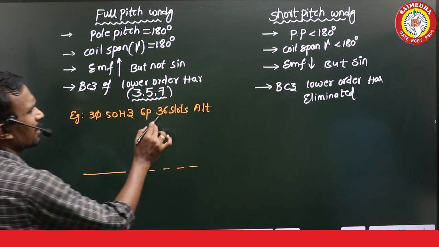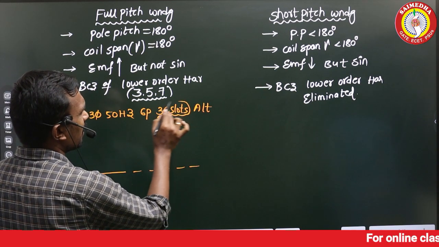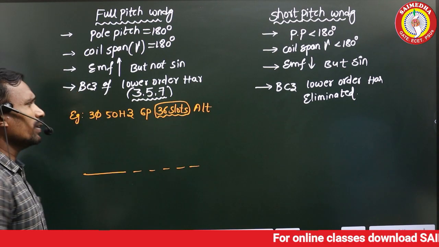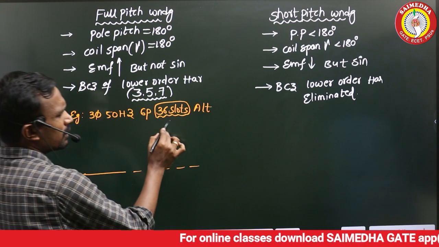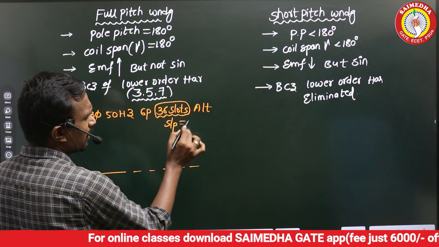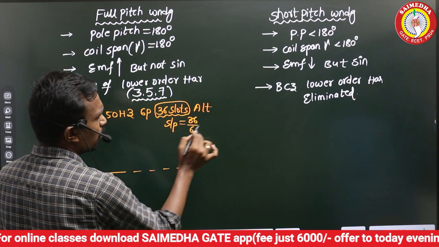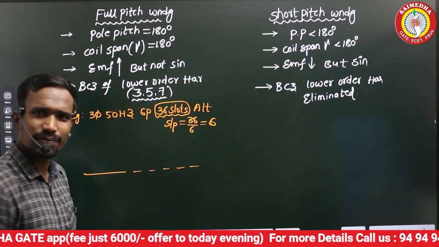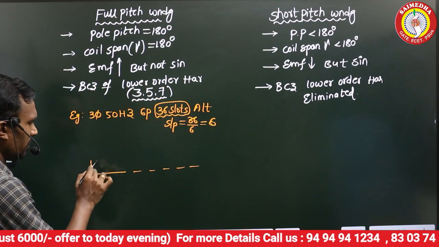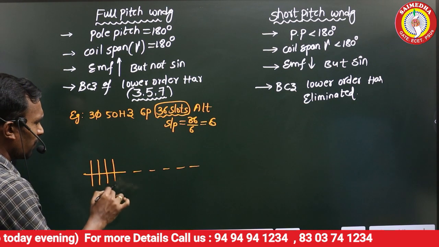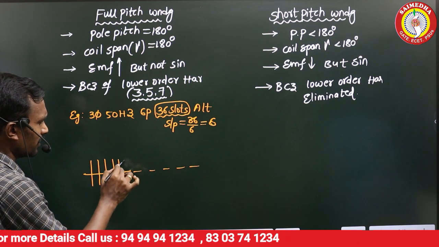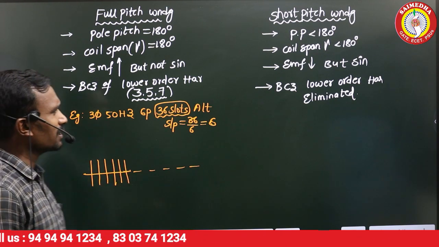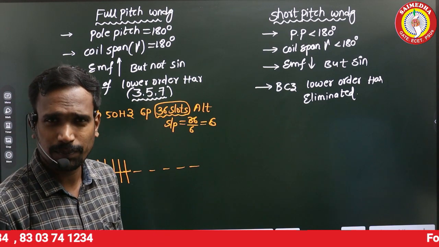How many slots are there here? 36 slots. What is slots per pole? Slots per pole is 36 divided by 6. So each pole should have 6 slots: 1, 2, 3, 4, 5 and 6. These are the 6 slots for each pole.